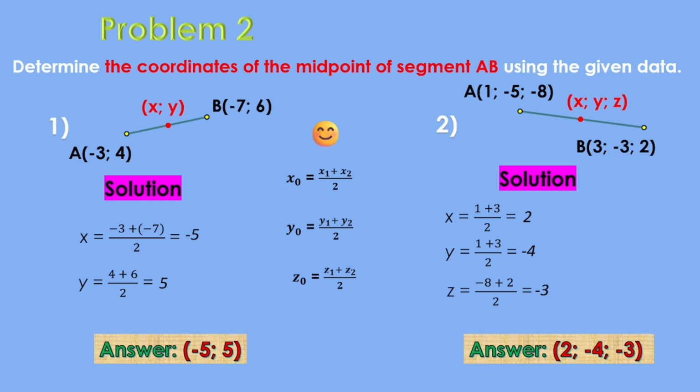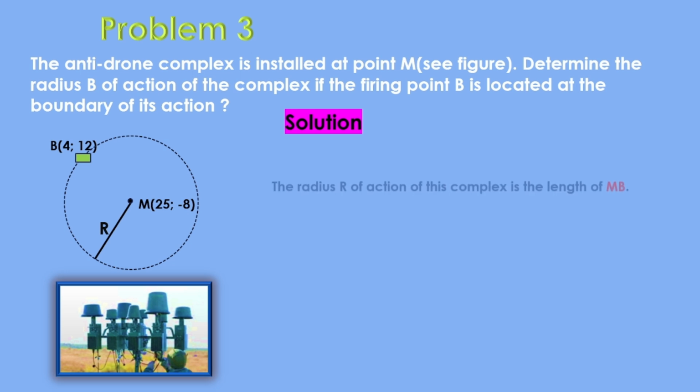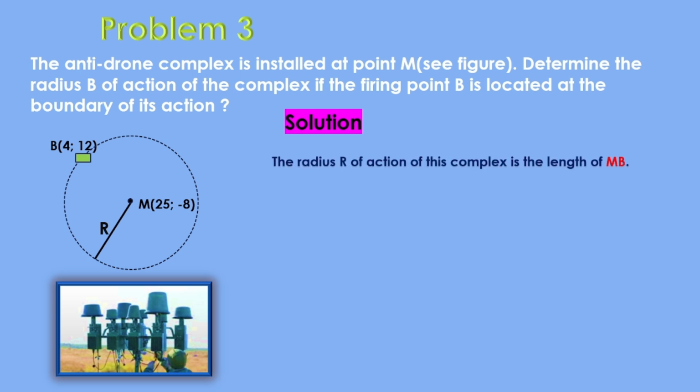Problem 3. The anti-drone complex is installed at point M, see figure. Determine the radius R of action of the complex if the firing point B is located at the boundary of its action. The radius R of action of this complex is the length of MB.